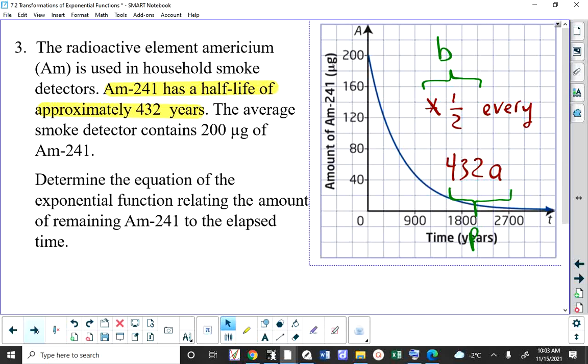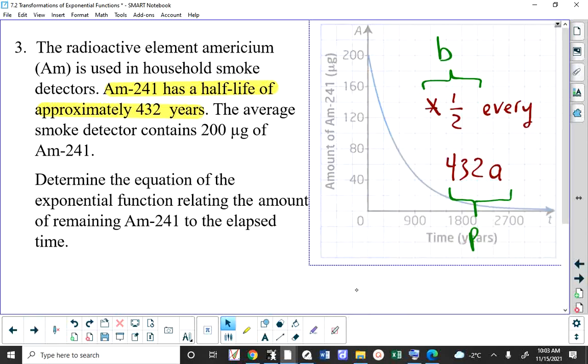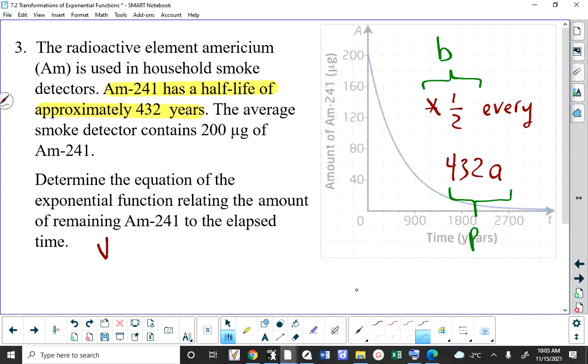Let me make it a little more visual for you. We already have B and P. If your formula from your formula sheet is A times B to the T over P, then we're only missing one more parameter, A. Well, A is the initial amount.